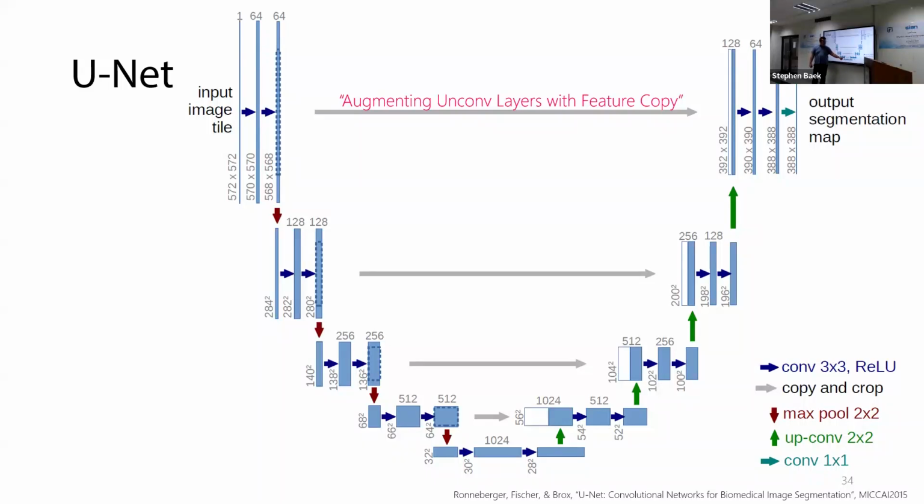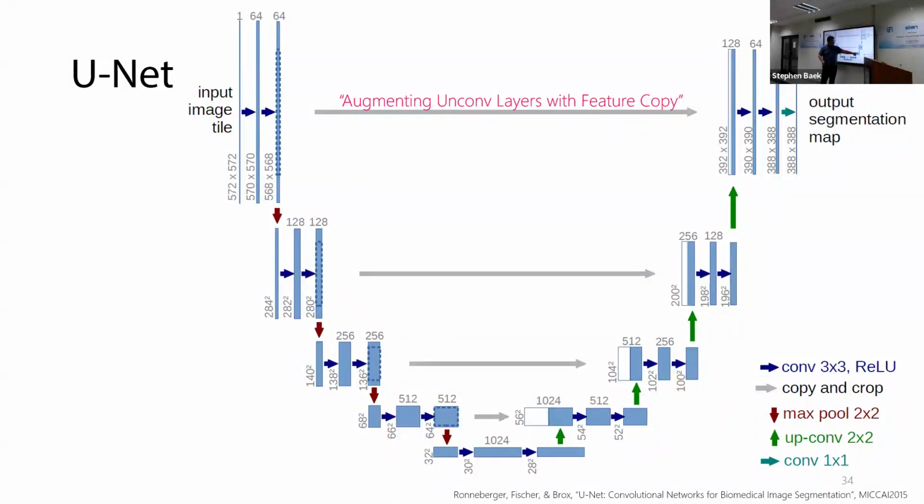And these copies are concatenated after the up convolution so that the up convolved features are combined with the encoder features before they undergo 2 consecutive convolutions to develop features.